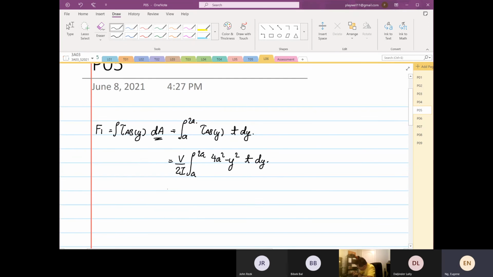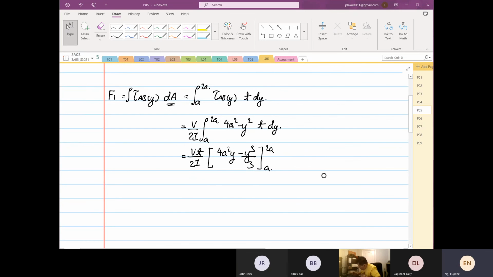So this will be equal to VT over 2I, right? So this is 4A squared Y minus Y cubed over 3, and then this is between A and 2A, okay? So again, method of substitution now.